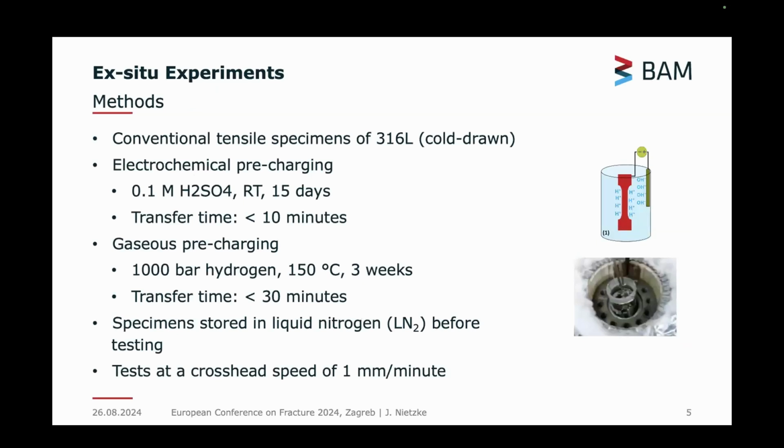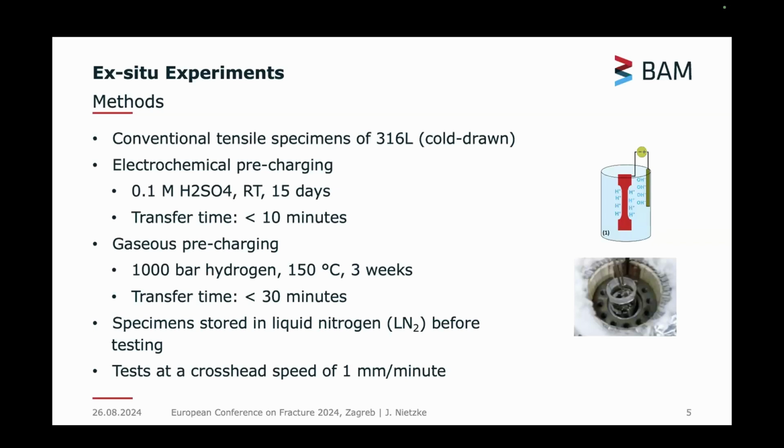Okay, to the methods for the first experiments. So we pre-charged specimens, usual tensile specimens. First, we pre-charged them electrochemically with the solution you can see there. And secondly, we pre-charged them using gaseous hydrogen in an autoclave.